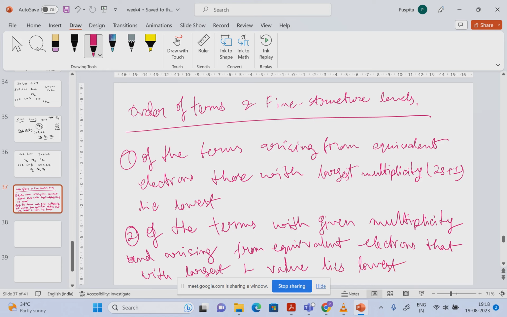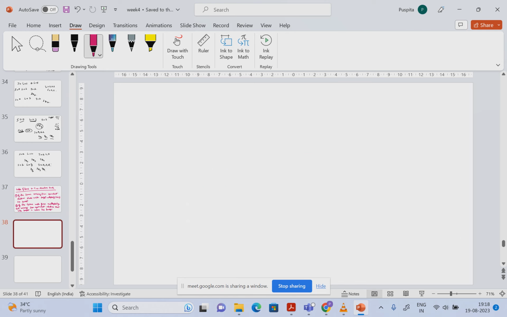So the term which has the largest S will be at the lowest level, and which has the largest L at a given S, it will stay lower.